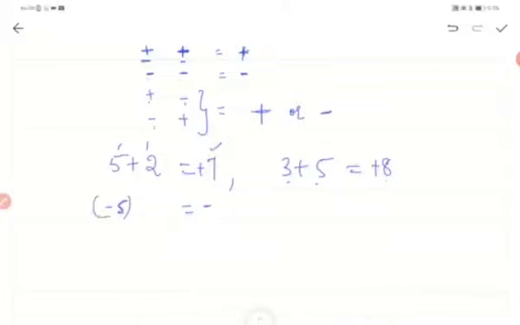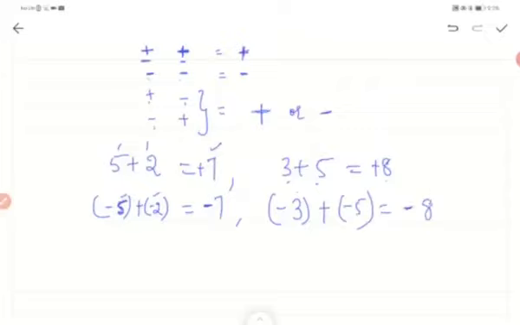I will take this in bracket, minus 5 plus minus 2. So you are adding two numbers 5 and 2, you will get 7, but it is minus 7 because both are negative integers. So if I take minus 3 plus minus 5, this is 5, 6, 7, 8, but it is minus 8.